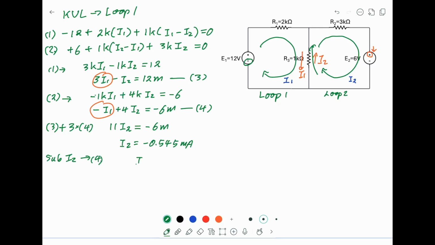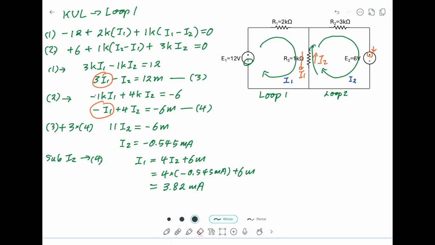Next, we want to substitute I2 into equation 4. So we arrange the equation. We'll get 4I2 plus 6m. So 4 times minus 0.545 milliamp plus 6m. So you get 3.82 milliamp. Okay, now let's look at the physical current passing through R3.